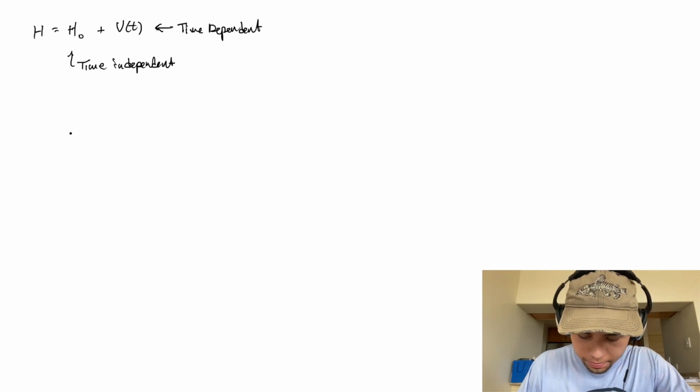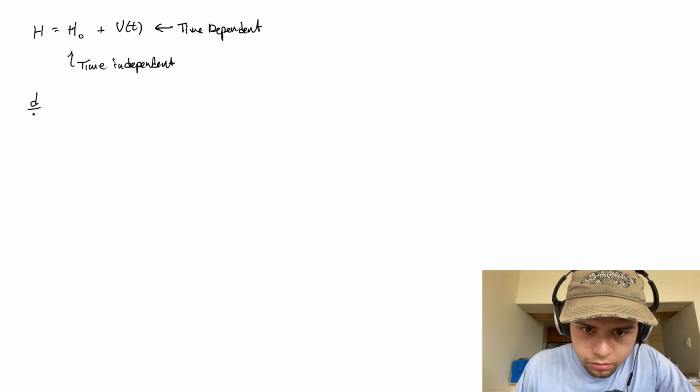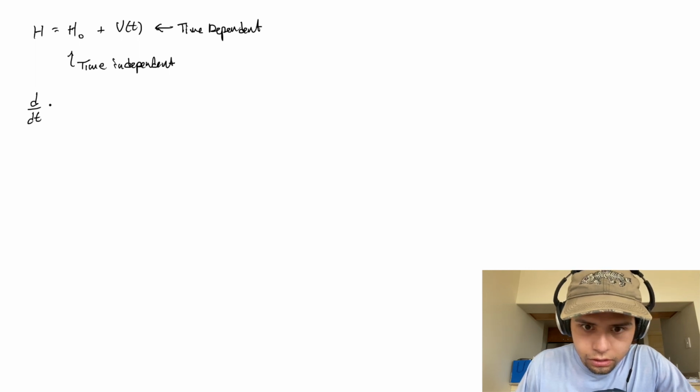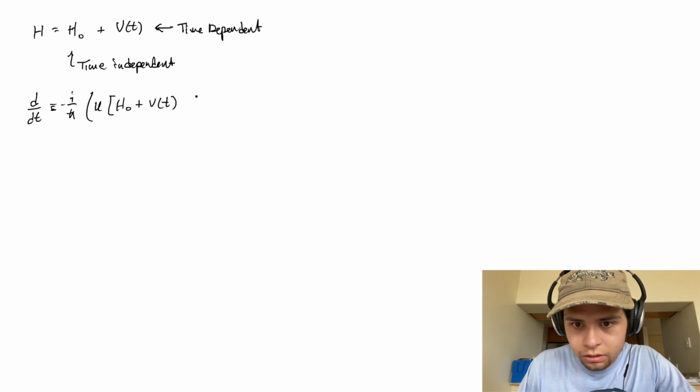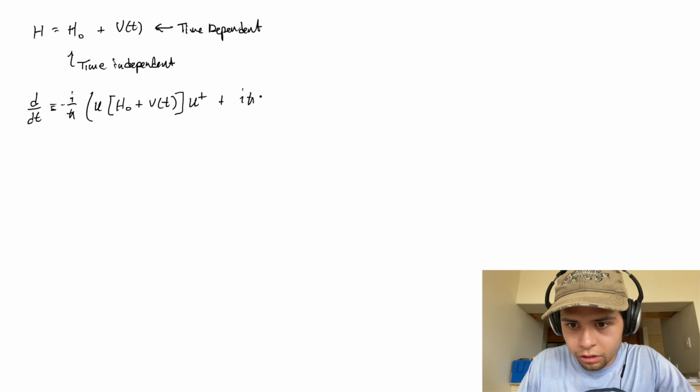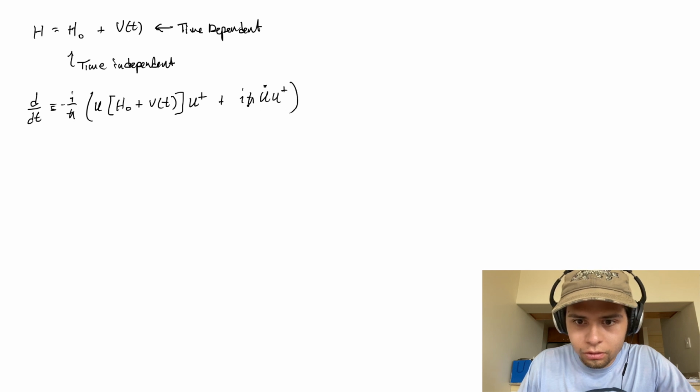So we have d/dt is equivalent to negative i h bar times U times H, which was H naught plus V(t), times U dagger, plus i h bar U dot U dagger.